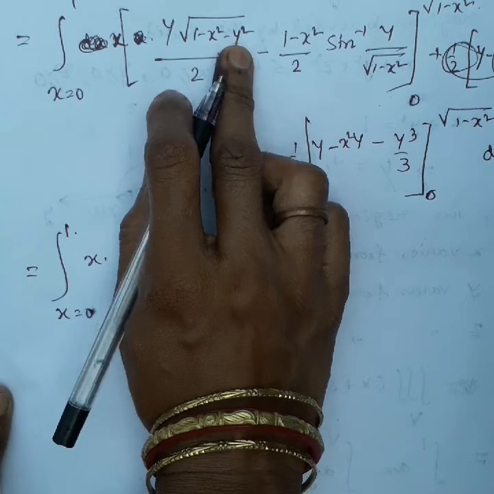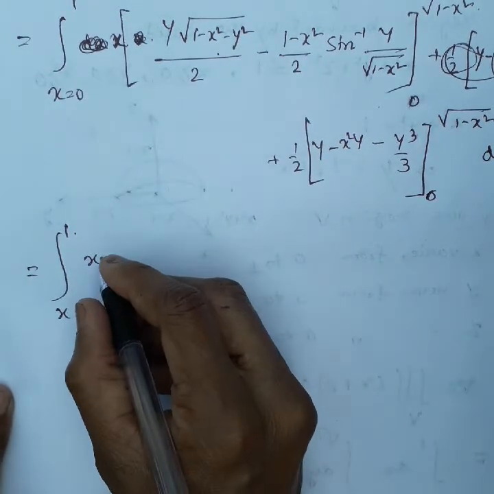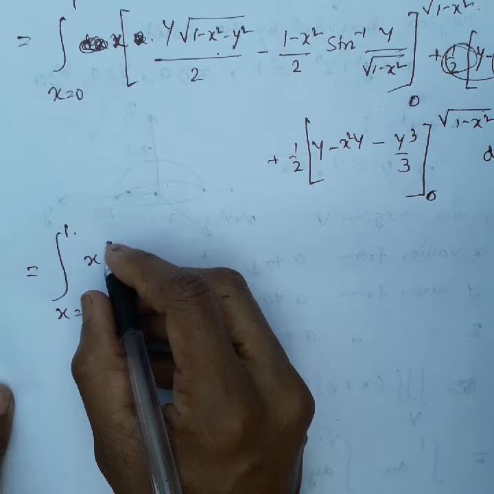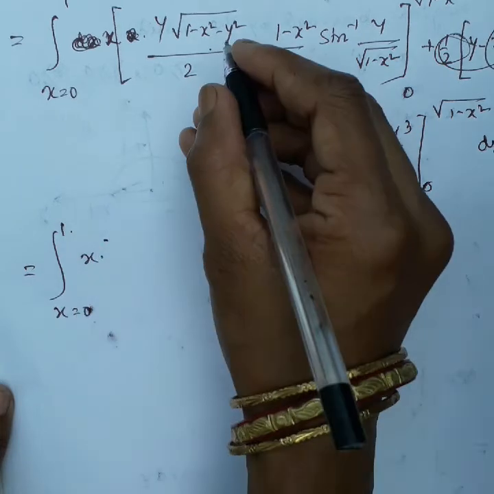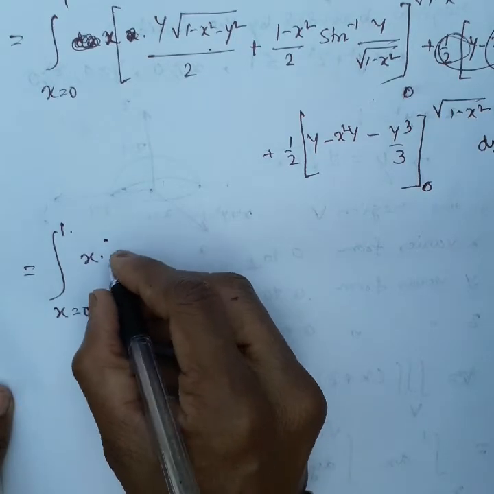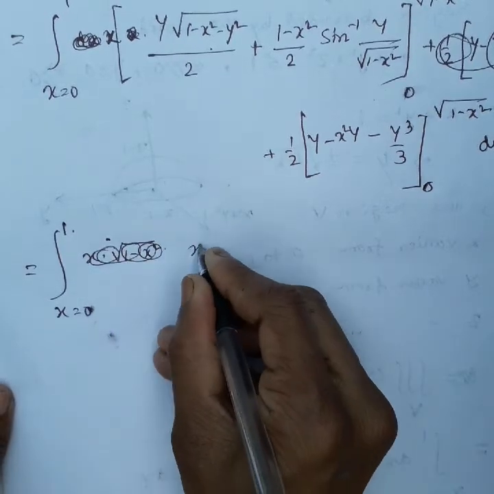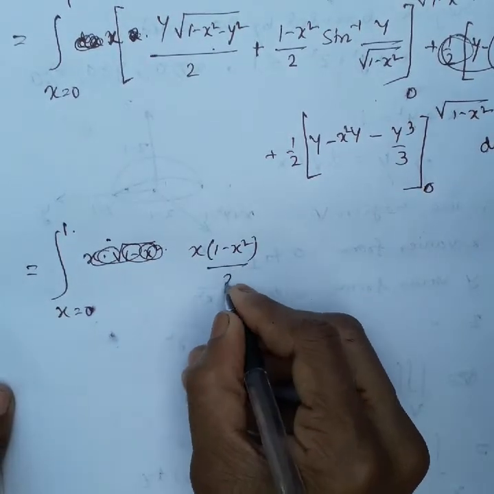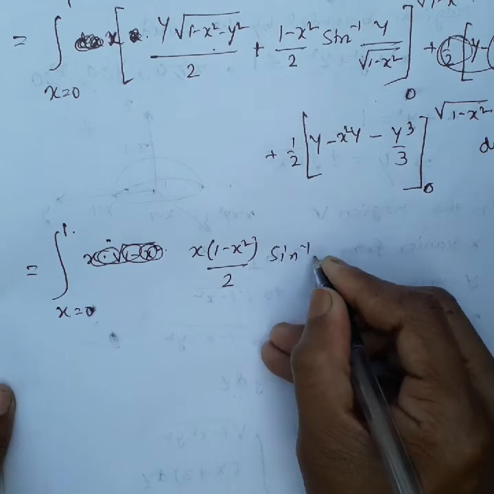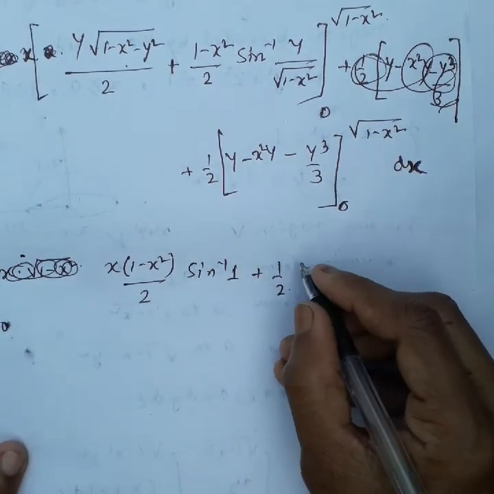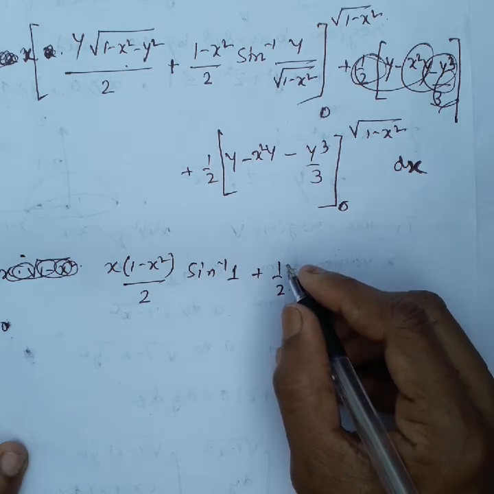Okay, so we only get this value, x into, sorry, this is the positive value, so we get x into 1 minus x square by 2 into sin inverse of 1, plus half of, putting 0, all the values are 0 here.